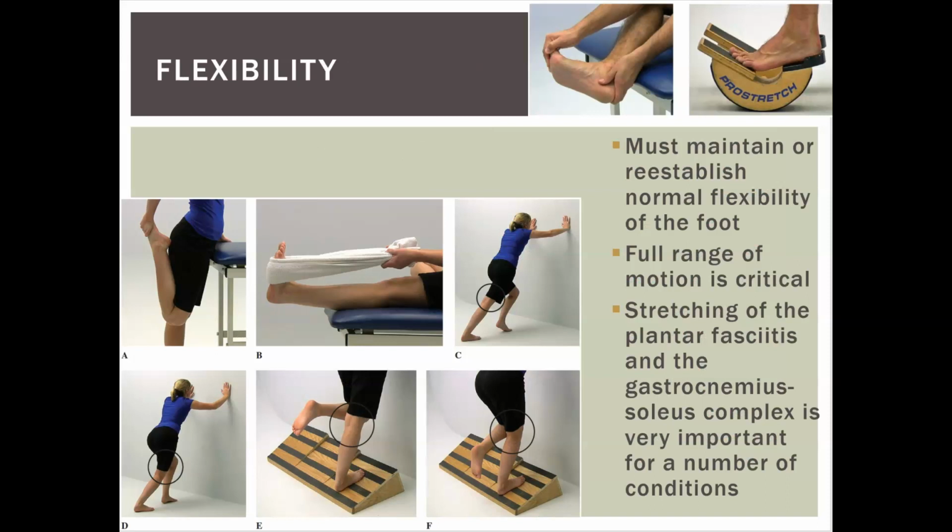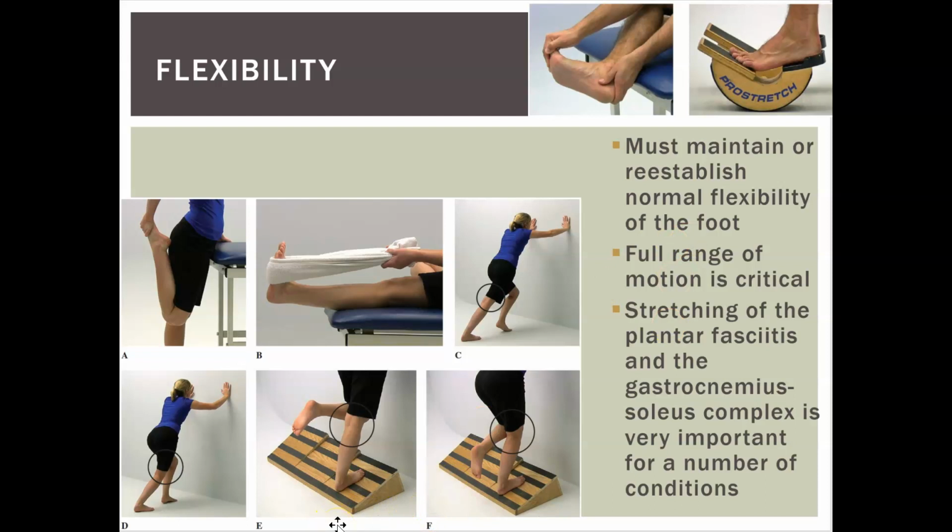Okay, looking at flexibility, there's different things we can do to help improve their range of motion. We can tell them to go take a yoga class, but more than likely, that's not going to happen. When we're stretching, we want to encourage them to make sure that they've warmed up before they've stretched. They can manually stretch themselves. They can use a pro stretch or a slant board.